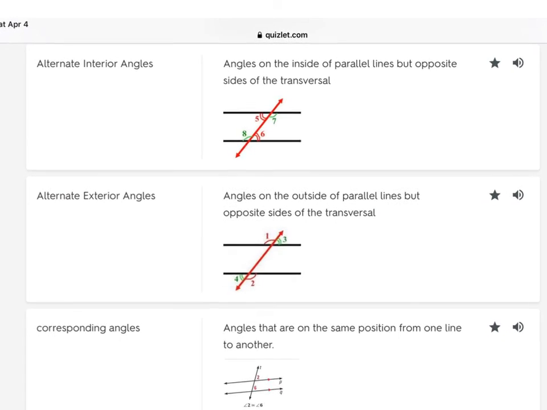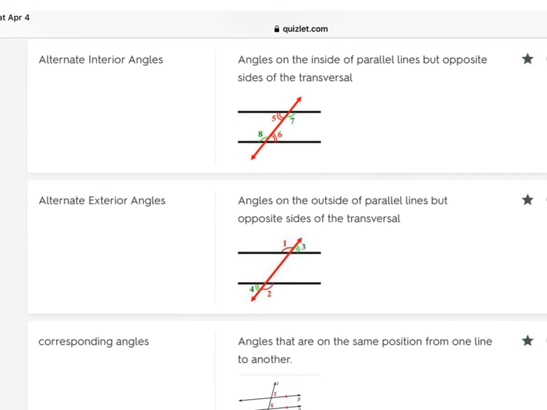Okay, your next set of terms, we have alternate interior angles. Angles on the inside of parallel lines. So the inside of parallel lines, but opposite of the transversal. The transversal is this red line right here. If I were to highlight the inside of the parallel lines, see how that's inside the parallel lines.